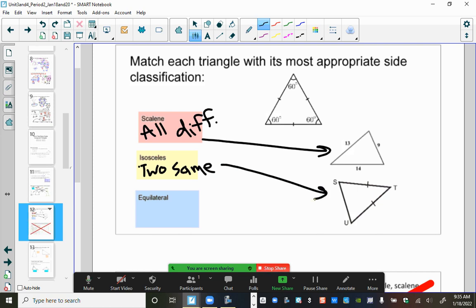And equilateral, all three the same. If you don't have it, you might want to write this down. I know some of you were missing it. But if you already have this, you don't need to worry about it again. Just bring it back on Thursday.